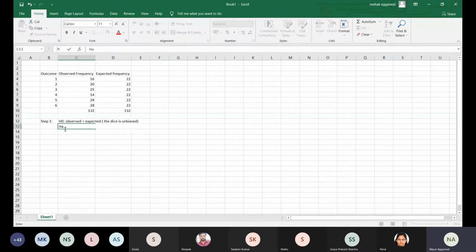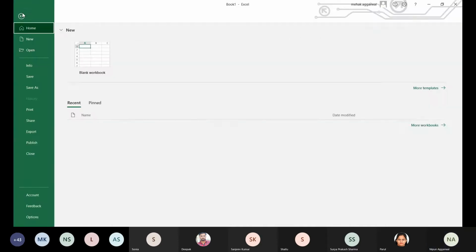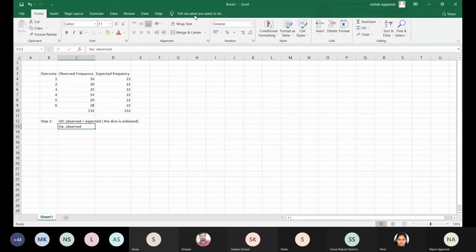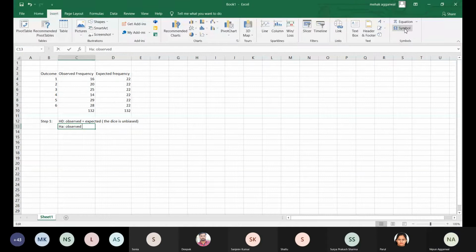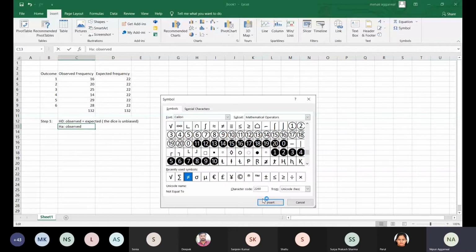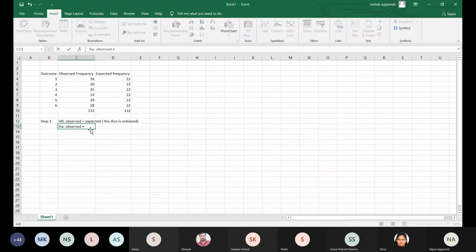And the alternate is observed is not equal to expected, which means the dice is biased.